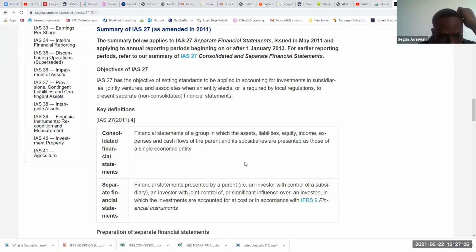Separate financial statements: financial statements presented by a parent, that is an investor with control of a subsidiary, or an investor with joint control of or significant influence over an investee, in which the investments are accounted for at cost or in accordance with IFRS 9 Financial Instruments. Which is what speaks to the fact of measurement either at cost, which is in line with IAS 27, or fair value, which is in line with IFRS 9.